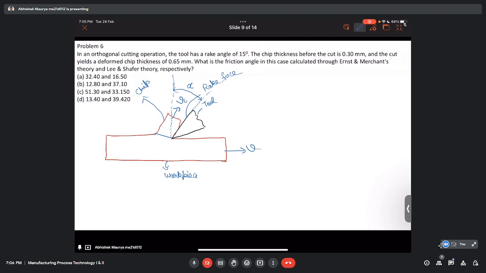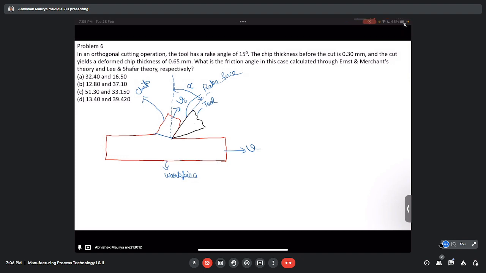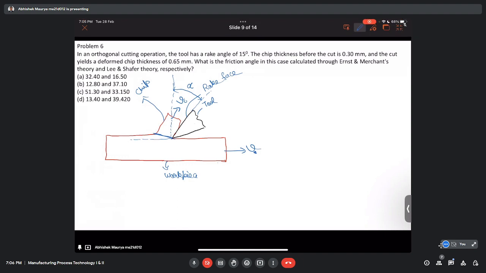It is the shear plane. So the deformation takes place along the shear plane, and the angle which it makes with the cutting velocity, v being the cutting velocity, is nothing but phi. So this is phi.